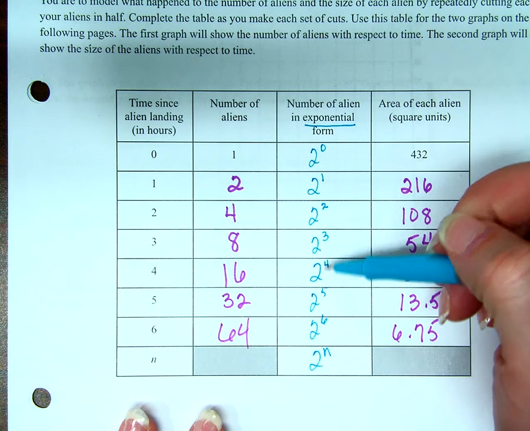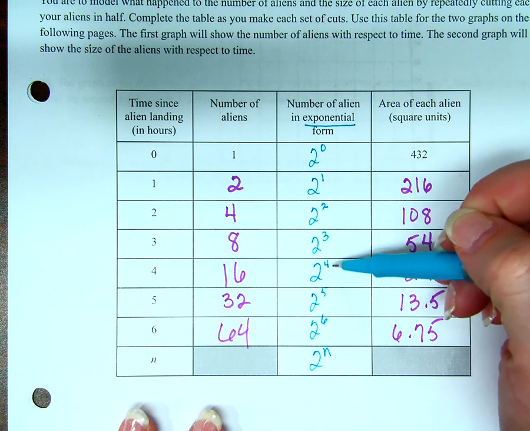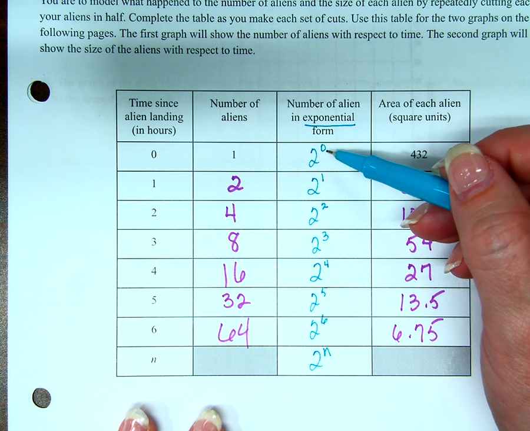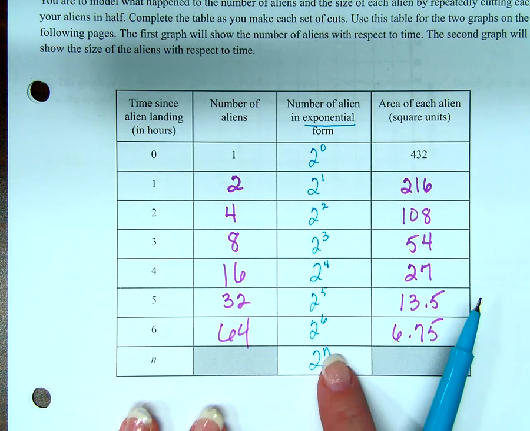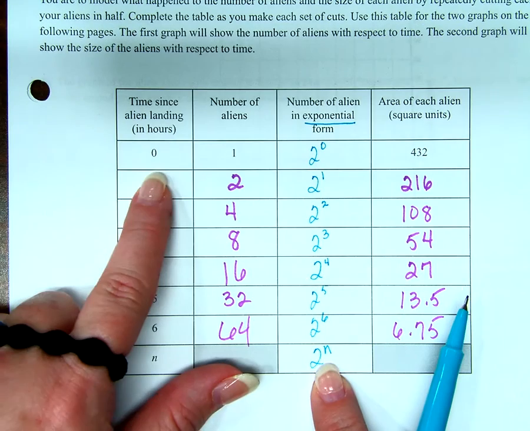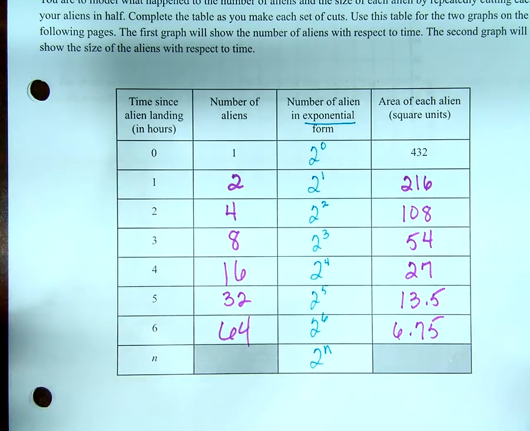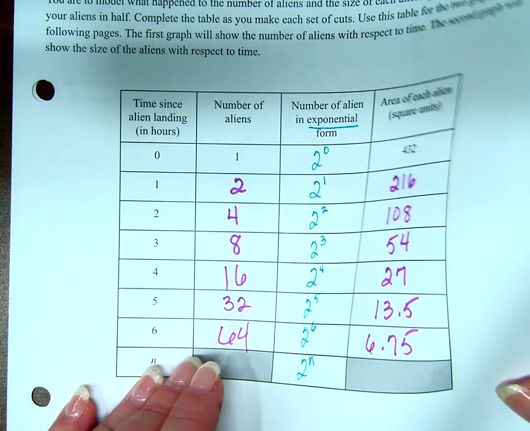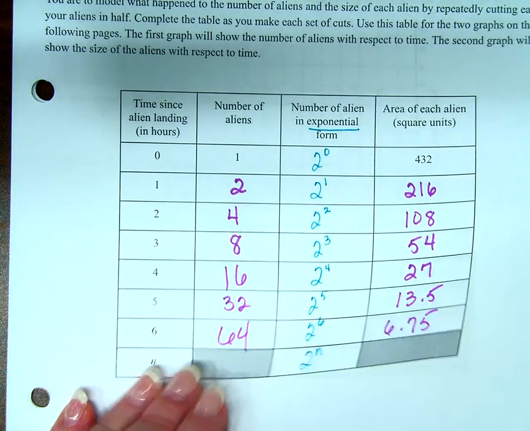But if you didn't remember that, you could say, well, what if I'm going backwards this way by exponents? What should this one be? 2 to the 0. But what if we thought about this equation that we just came up with, 2 to the n? Shouldn't it be 2 to the number of hours? And the number of hours is 0, right? There's multiple reasons that we could figure out to know that that's 2 to the 0. Hopefully you remembered that 2 to the 0 is 1. Okay, you ready to go on?